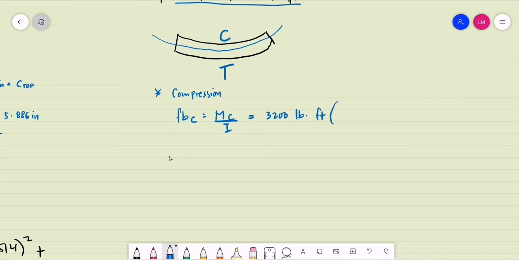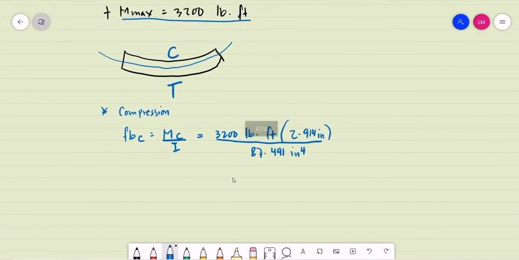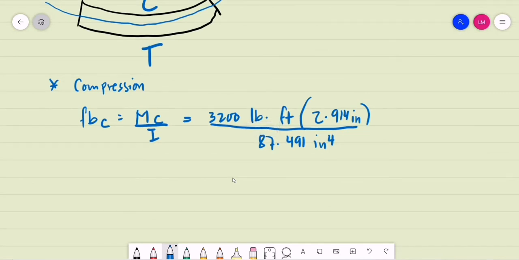The value of c from the top, for compression, is 2.914 inches, divided by our moment of inertia, 87.491 inches to the fourth. All we have to do is convert this feet into inches, so we multiply by 12 inches per 1 foot. So this will be our bending stress in compression, considering the maximum positive moment.